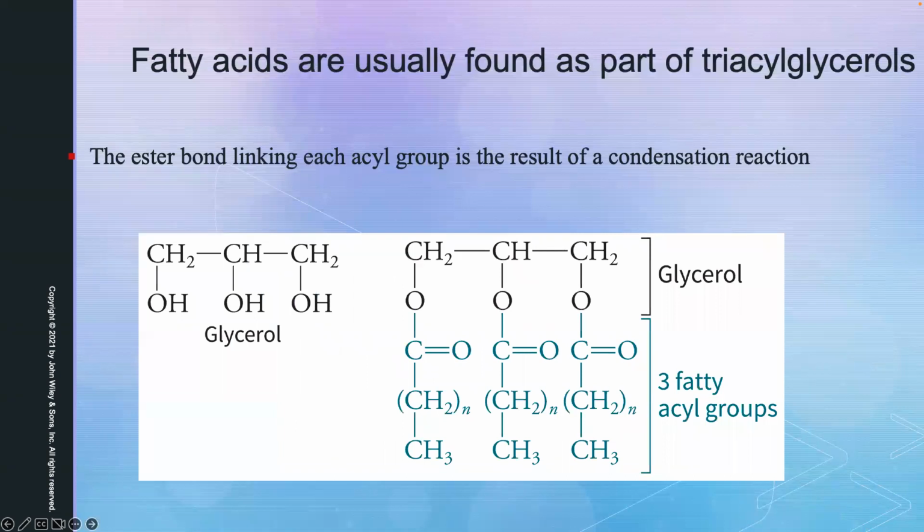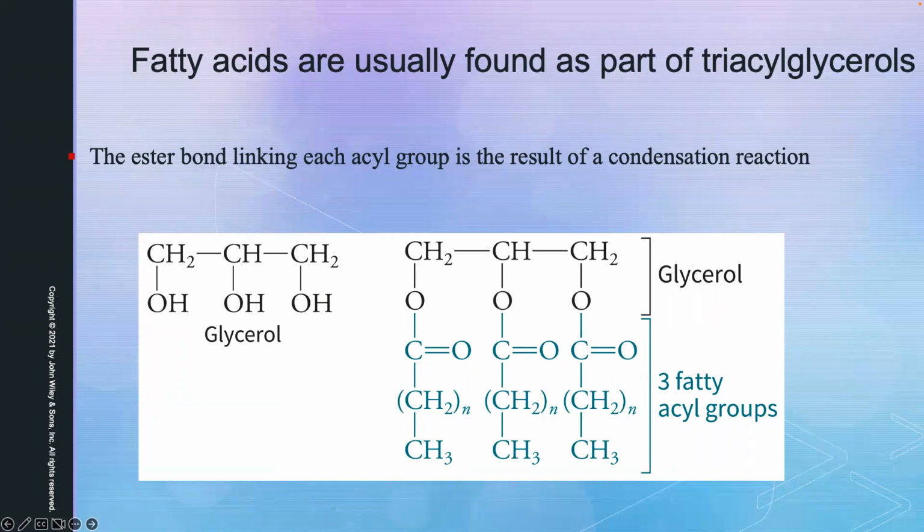All right, so fatty acids are usually found as part of a triacylglycerol, or TAG, which can be used for energy storage. It has an ester bond that links each acyl group, and that's the result of a condensation reaction. So you have 3 fatty acids on a glycerol backbone that are connected by ester linkages.